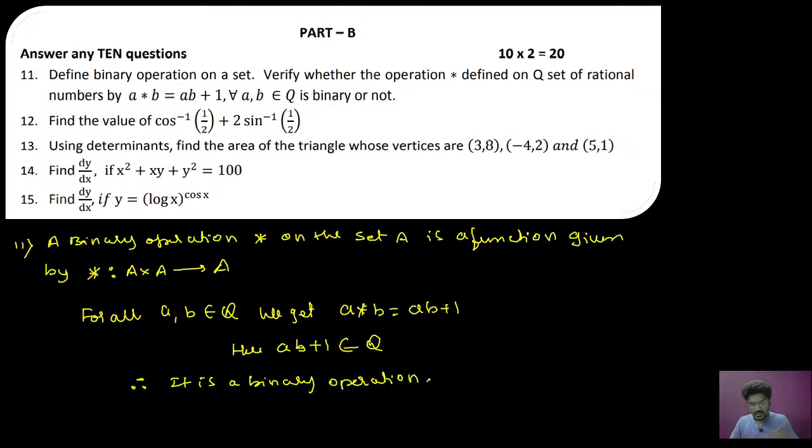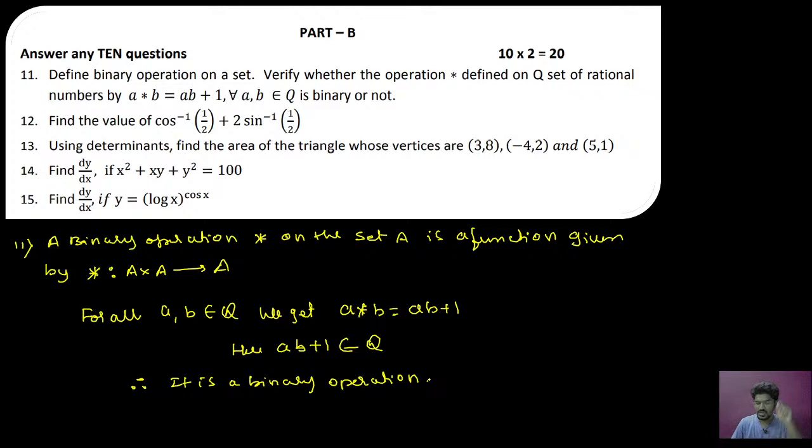Clear? Because you have to understand here, A and B are rationals. If we multiply two rationals, then again it is going to be a rational. So that's why no problem. A star B equal to AB plus 1, therefore AB plus 1 again belongs to the rational numbers. Therefore it is a binary operation.